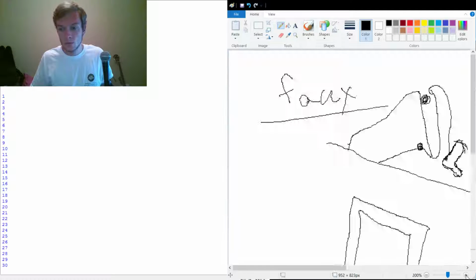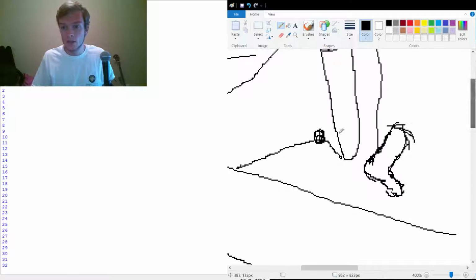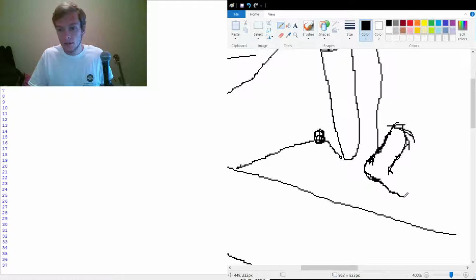So I'm going to zoom in here a little bit just for extra detail, because you have come to the place of detail, have you not? So we have our foot here, and there's a toe, and if we're going with this haunted house idea, then perhaps it's a little bit bloodied, and then the rest of it can be tan.